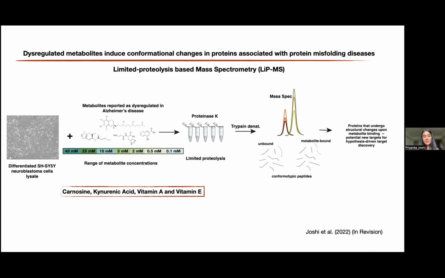So here I used neuroblastoma cells and applied a range of these metabolite concentrations, and then did limited proteolysis, and we could find that there are certain conformotypic peptides that result as these metabolites are binding. So essentially, we could identify the targets.